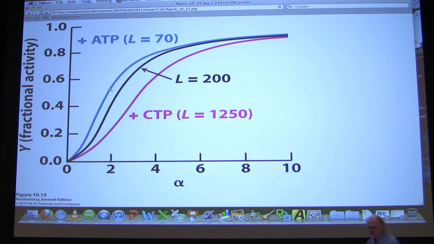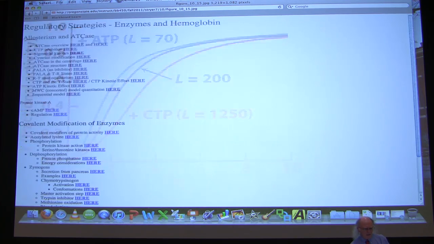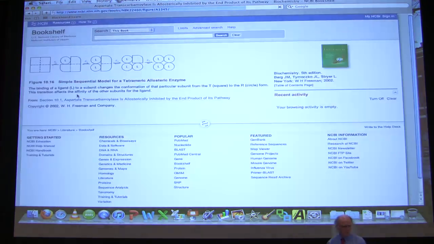The concerted model says, let's go back and look here. All right. The concerted model says there's not a cause and effect. The enzyme can exist in two states. It can exist in a T state, and it can exist in an R state.